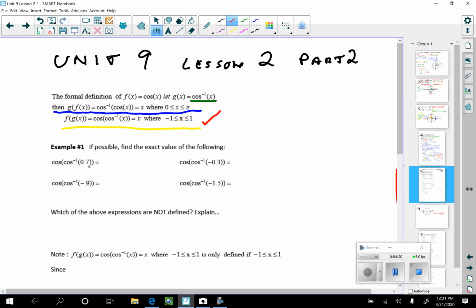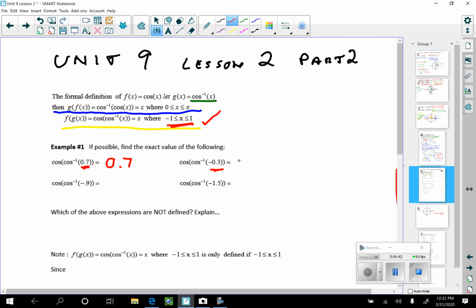All I do is look at the input and check to see if it's between -1 and 1. Is 0.7 between -1 and 1? Indeed it is, so that's equal to 0.7. I come over here, same thing. I check the input. Is -0.3 between -1 and 1?